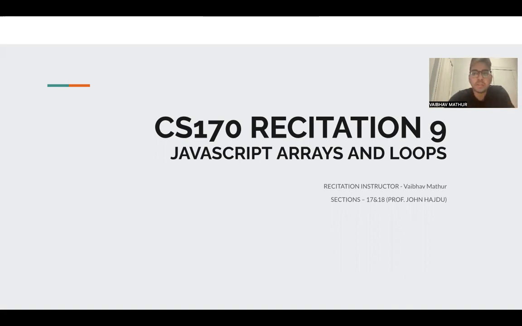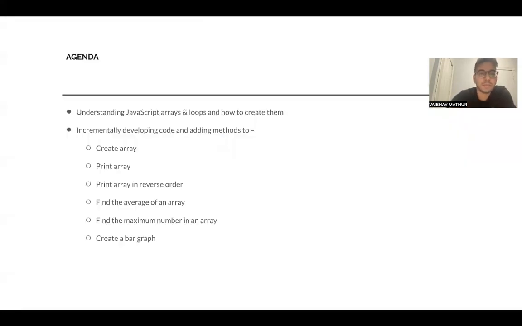Because you have the solution for this recitation and you usually do not have the solution for assignments, it's better to make the mistakes and understand them in the recitations rather than being confused about why your program is not working for the assignment. So that would be my suggestion for this.